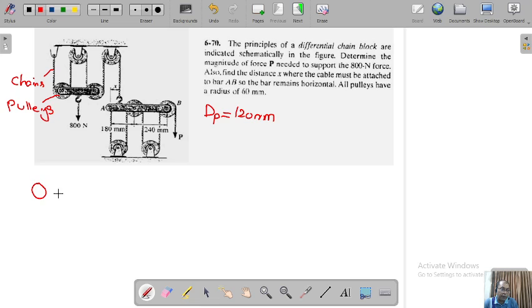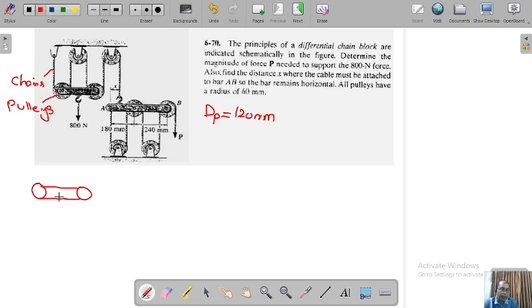So you have this one pulley here, and the other pulley is over here, and these pulleys are connected here.